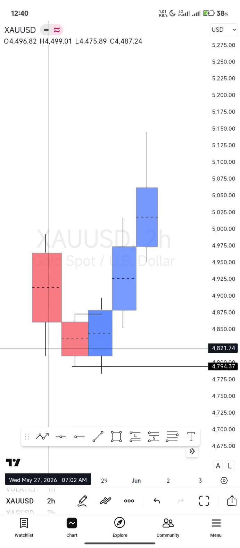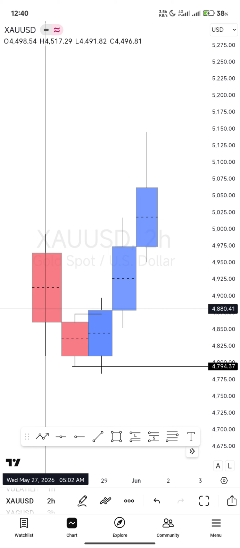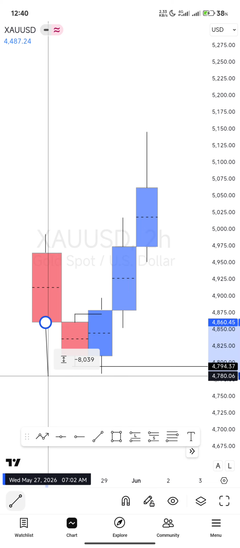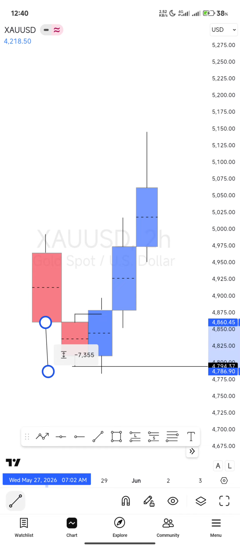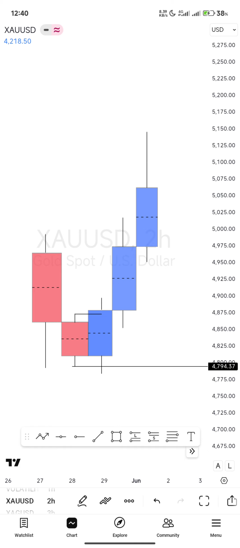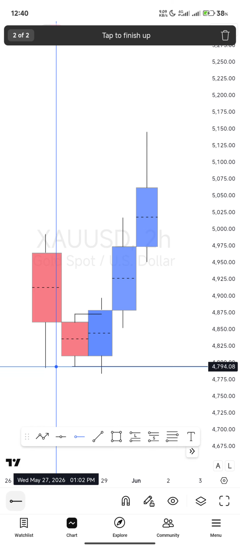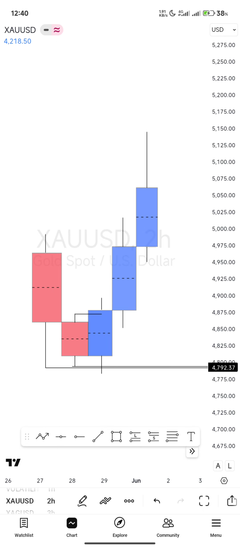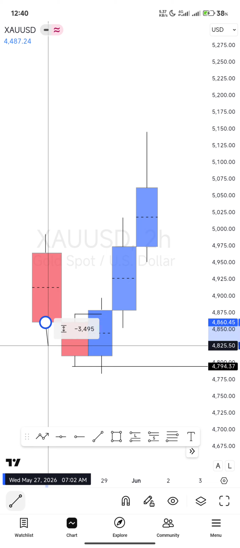If this second candle was the one that has the lowest low, it means we want to see that this candle's low was actually swept. We want to see that price has swept out those lows. That's number one.